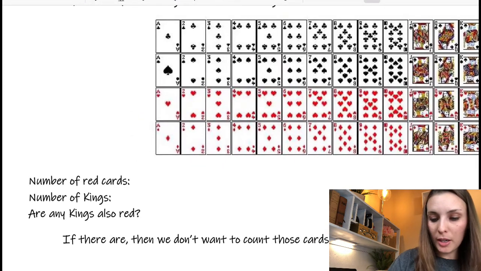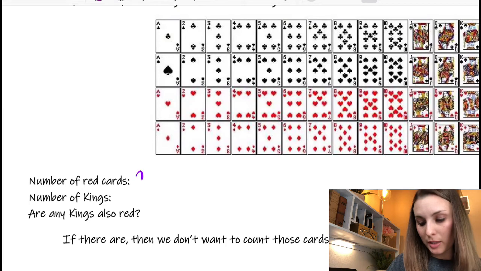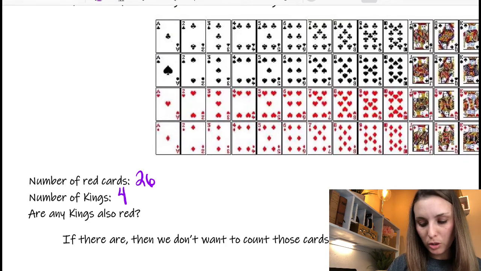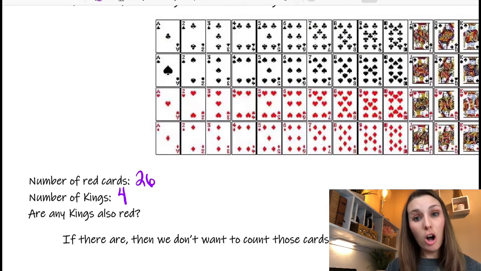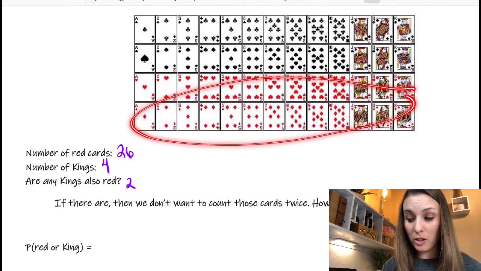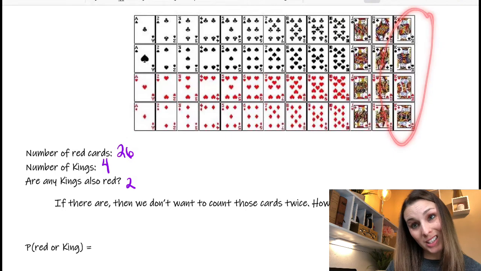The number of red cards, there's half of them, but I'm going to write the number, 26. The number of kings, we know there's 4. How many kings are also red? 2. So since there's an overlap, then we're counting them twice. I counted them in the red cards and I counted them in the kings.